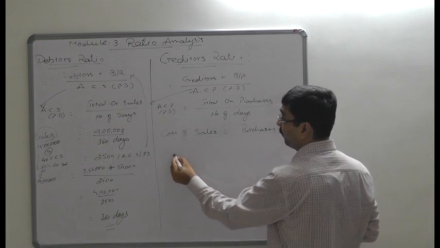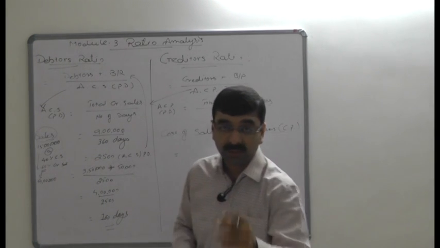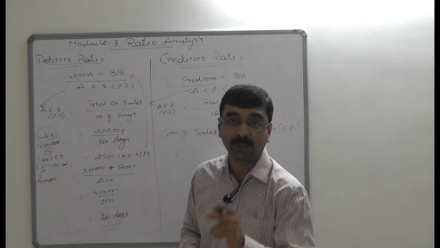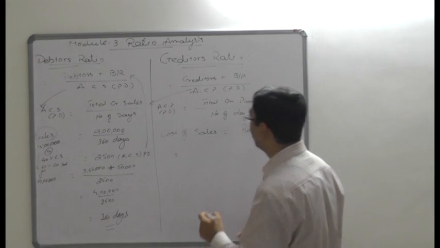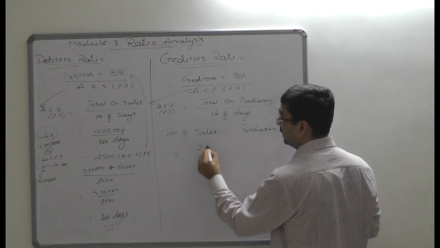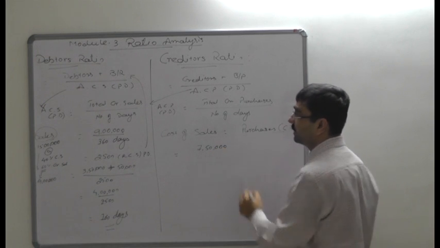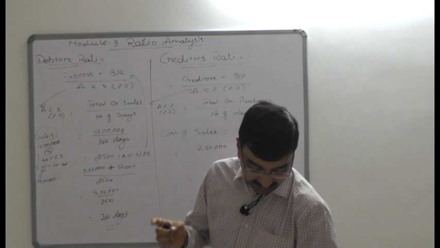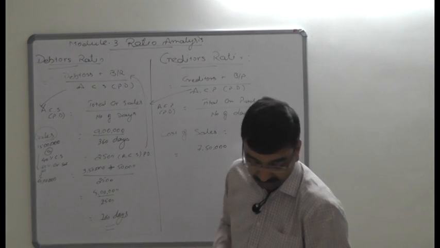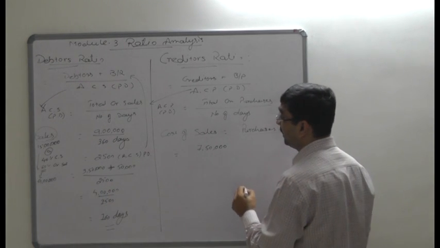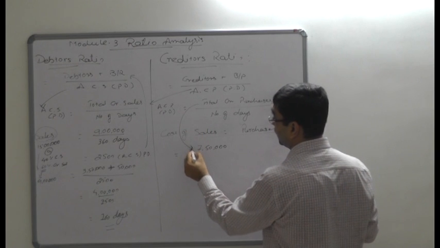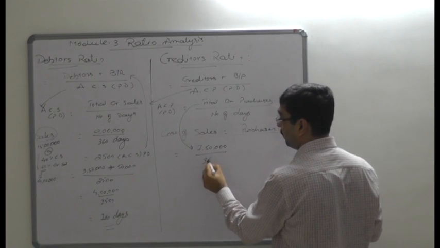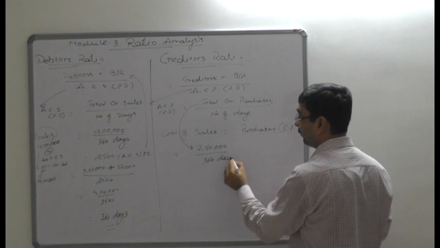From the revenue statement, out of the 15 lakh, 7,50,000 rupees is the cost of sales. We consider that as the credit purchase, 7,50,000 rupees, divided by the number of days, 360.